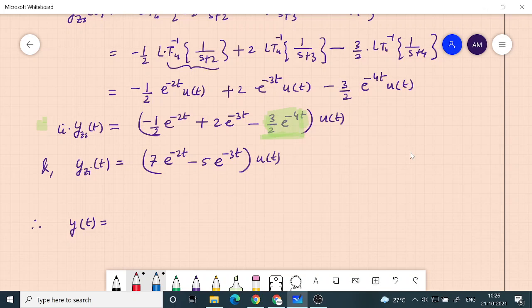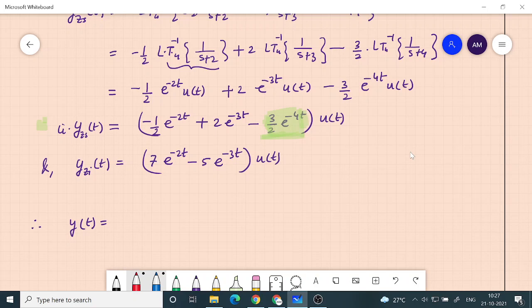In the zero state, that is the response of the system entirely due to the input, there are three terms. One of the terms, this 3 by 2 e raised to minus 4t u of t, is the kind of input that we gave. Therefore you can say that that term has arrived. But what about the other two terms? The other two terms are basically characterizing the system.